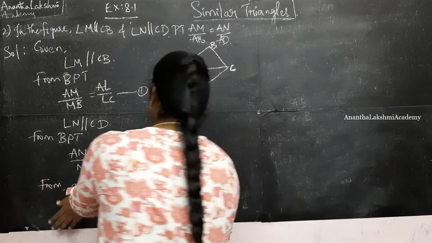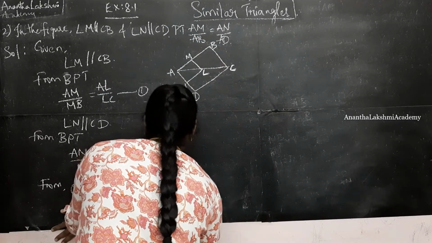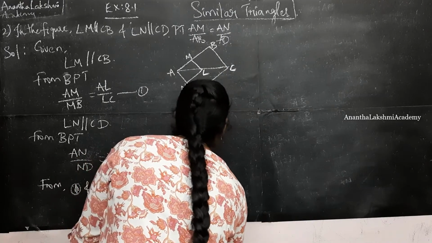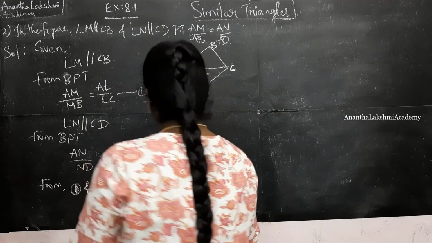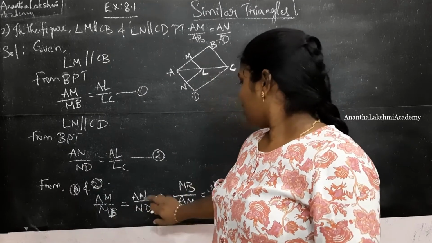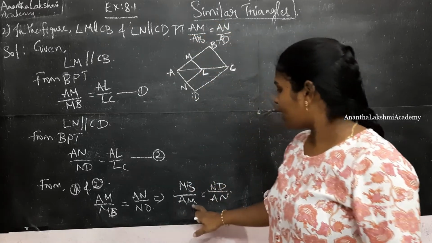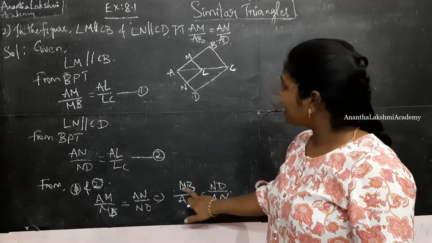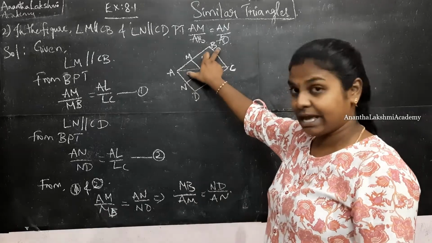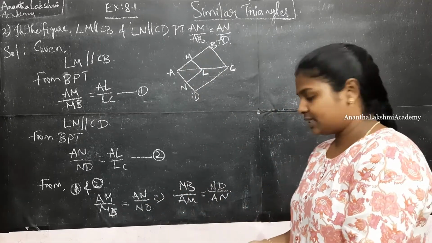Here I am going to write it as MB by AM is equal to ND by AN. Why did I write it this way? Because MB is nowhere mentioned in this proof statement. So what I am trying to do is MB plus AM, which will result in AB. So that's the reason I have reciprocated these values.